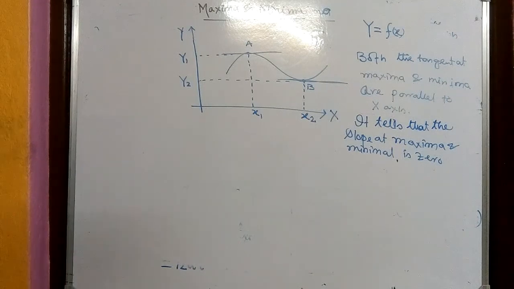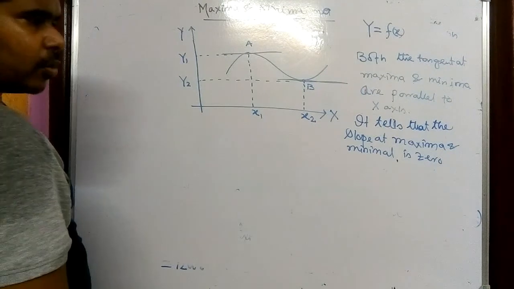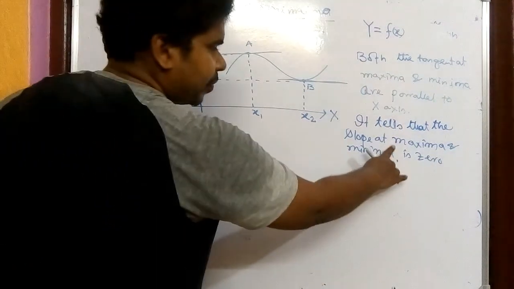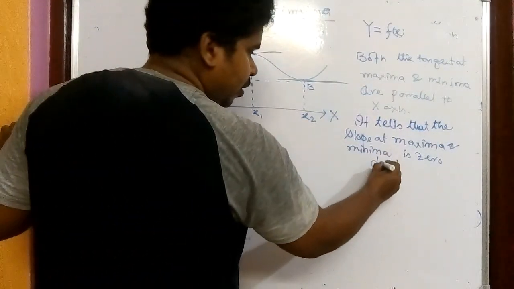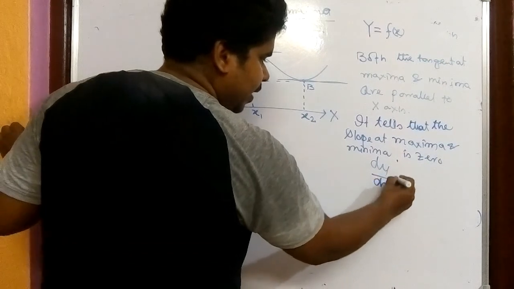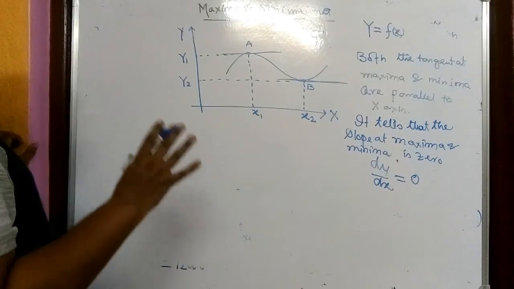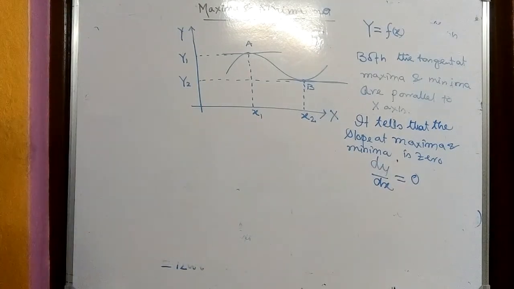As we have seen, the tangents are parallel to the x-axis, so the angle with the x-axis is 0. If the angle is 0, we can say the slope will be 0. So as the slope is 0, dy by dx will also be 0. So if a function y is given to us, in both maxima and minima the differentiation will be 0.